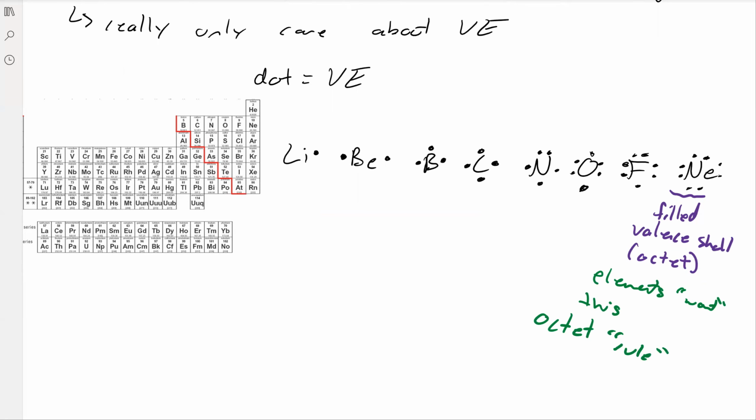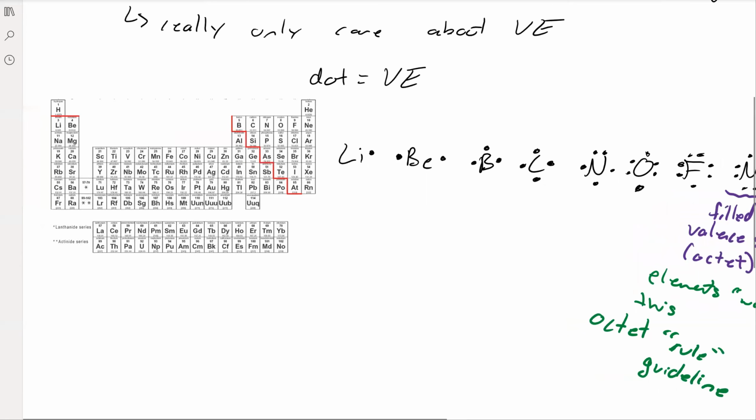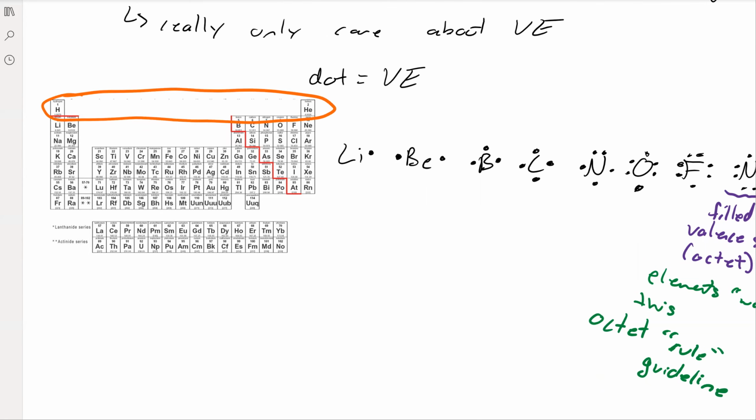I'm going to put rule in these kind of air quotes because really it's more of a guideline, right? We call it a rule, but we're going to break this rule all the time. For example, hydrogen and helium, neither one of them want an octet. Neither wants 8 valence electrons.